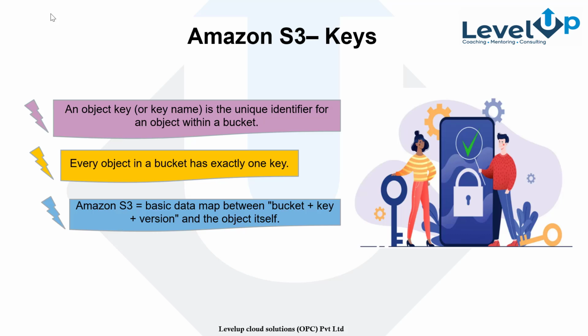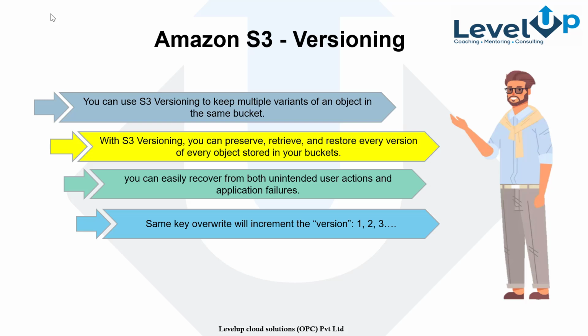Okay. Now, let us discuss versioning. On AWS S3, you can use versioning to keep multiple variants of objects in the same bucket. With S3 versioning, you will preserve, retrieve, and restore every version of every object stored in your buckets.